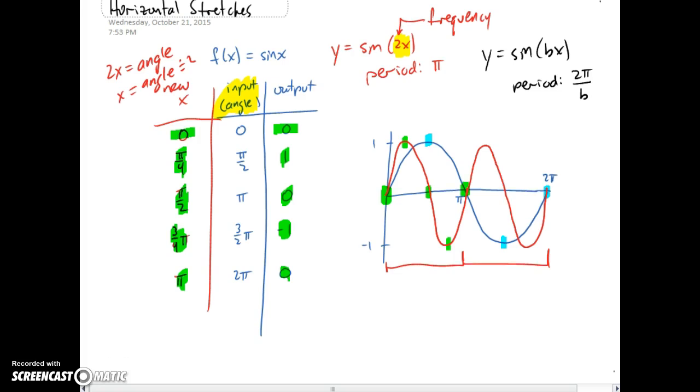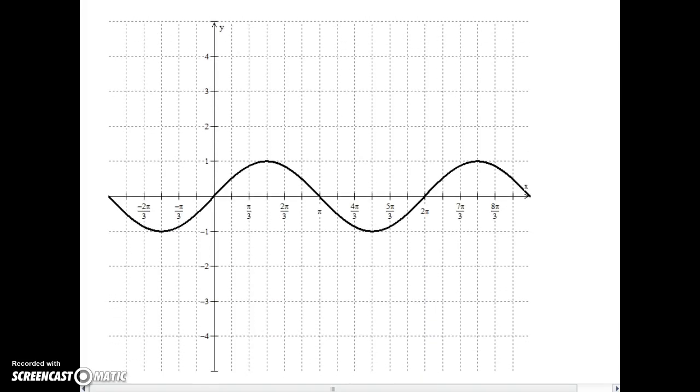So what I'd like to do is look at a couple other examples. Let's try this one: y equals sine of 1/3 x. So if I look at that one, I know my period is going to be 2 pi divided by 1/3, which is 2 pi times 3, which is 6 pi.